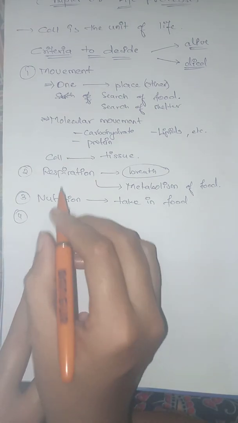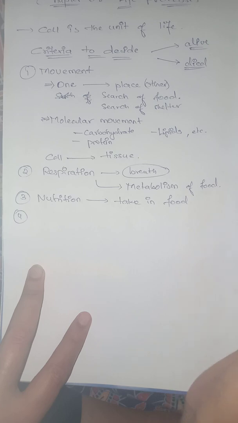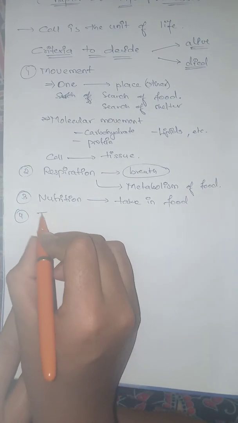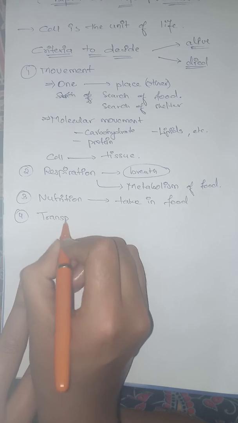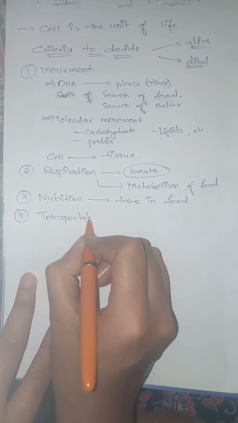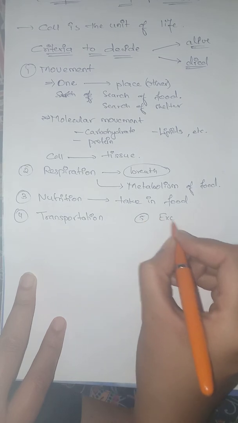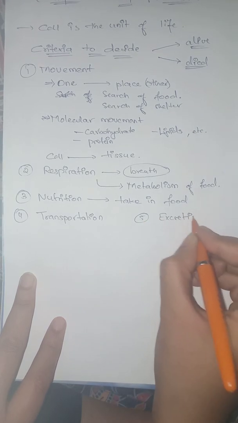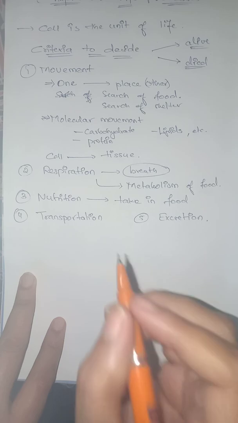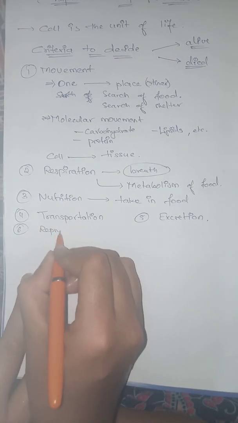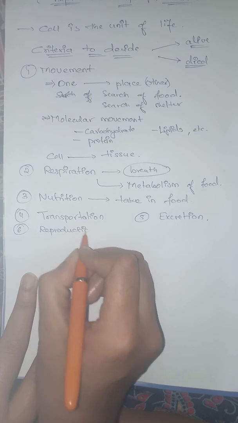Then after the respiration, that is the metabolism of the food, they will go for the transportation, right? And after the transportation, they will also go for the excretion, right? And the most important one that you have, that is reproduction, right?